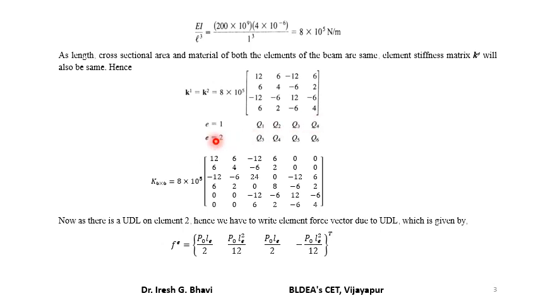Similarly, the corresponding degrees of freedom for element 2 are Q3, Q4, Q5 and Q6. So while assembling, for element 1, that is K1, we have to write down degrees of freedom 1, 2, 3 and 4. Similarly here also 1, 2, 3, 4.